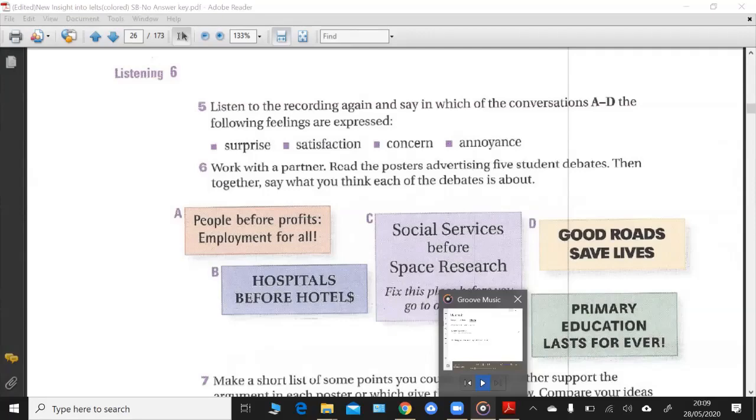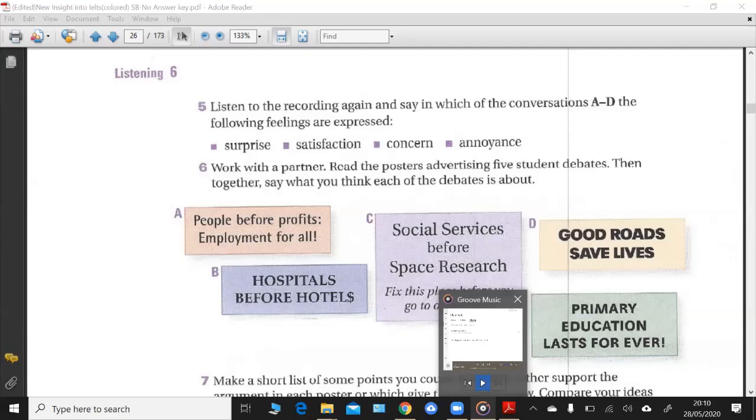Annoyance is something which is irritating you or giving you some difficulty, but still you can manage with that, or it's okay, you will get through it. But concern is a problem. It's a serious situation. So now when they say that they don't have proper funding, it's a concern.